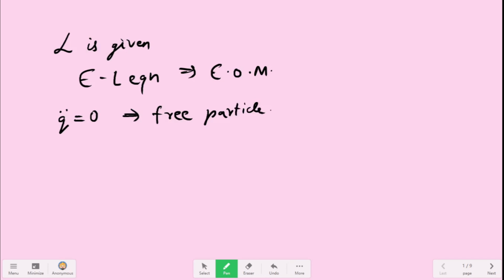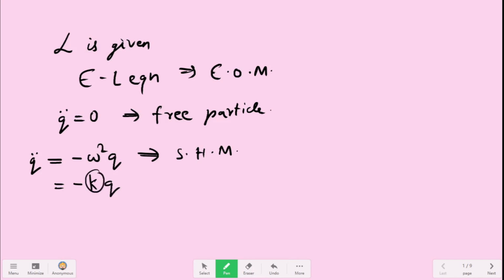Similarly, if the final equation of motion we are getting after putting the Lagrangian in Euler-Lagrange equation is q double dot equal to minus omega square q, then this is simple harmonic motion. This can be written like this as well, minus kq.